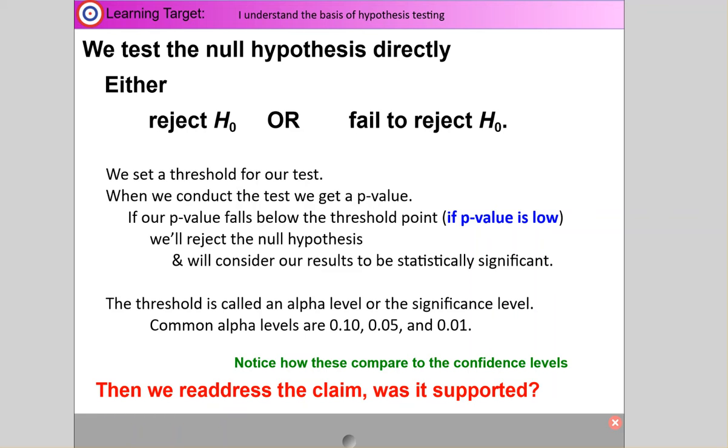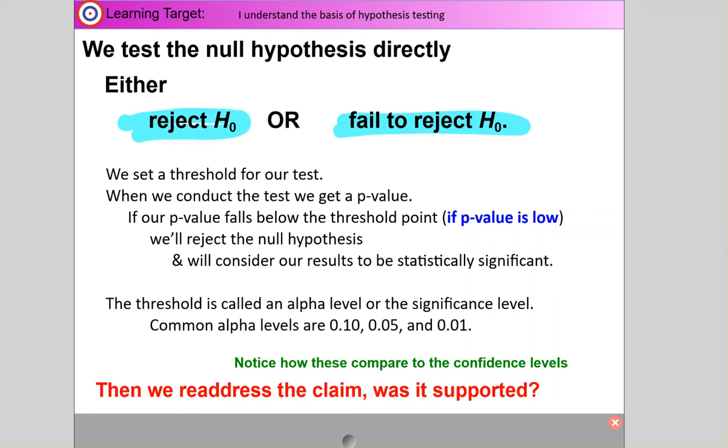So what's going to happen is we're going to run the test. It's going to give us a p-value, or a probability of that null hypothesis taking place. From there, we are either going to reject the null hypothesis or fail to reject the null hypothesis. We never accept them. It's either we reject or we fail to reject.